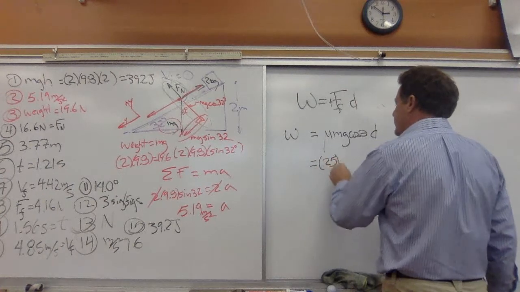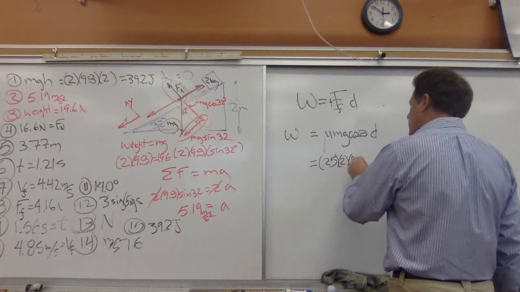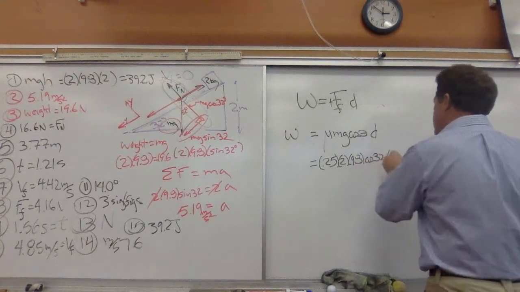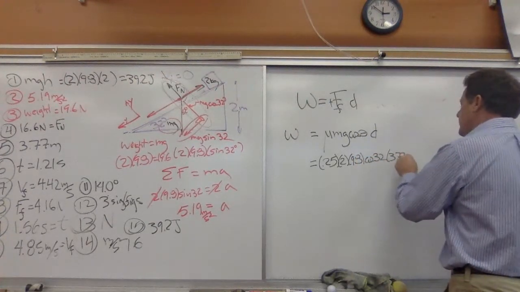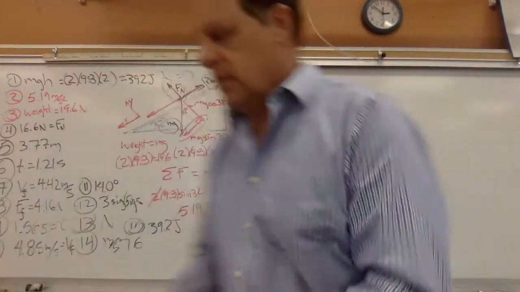So we're going to have 0.25 times 2 times 9.8 times the cosine of 32 times 3.77.